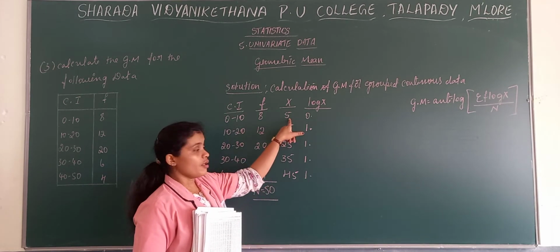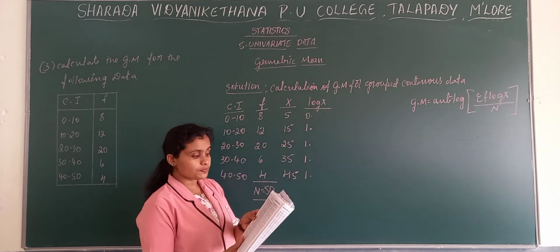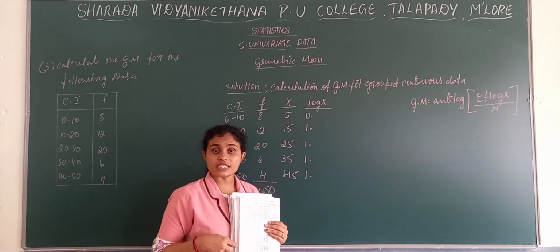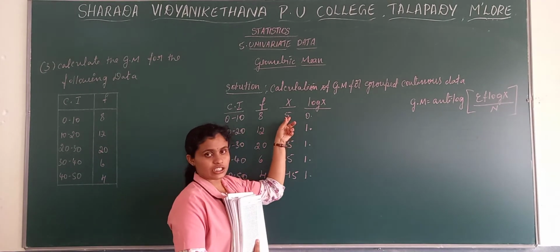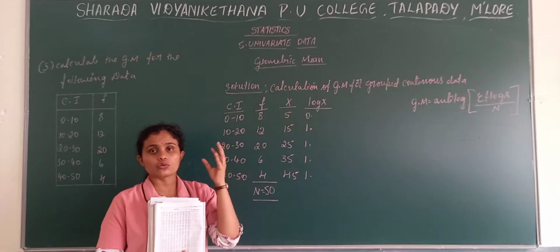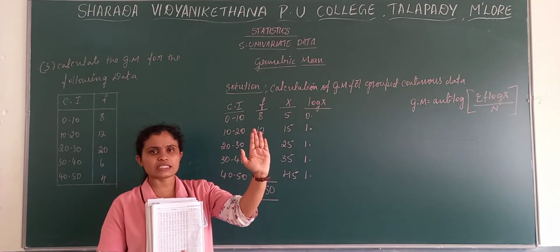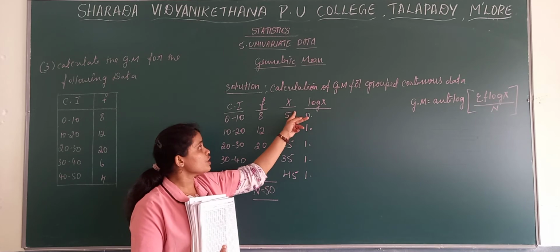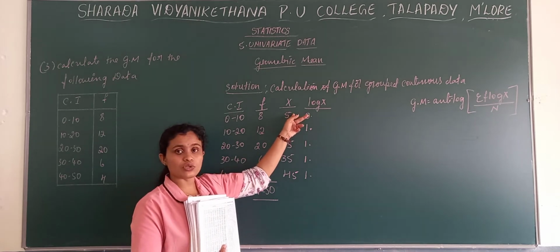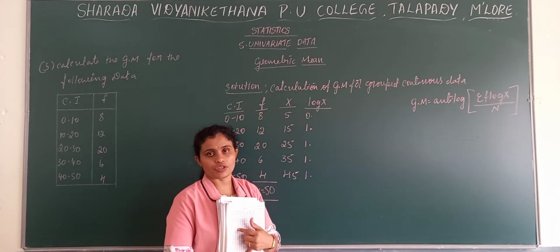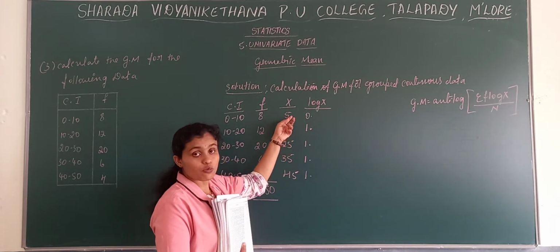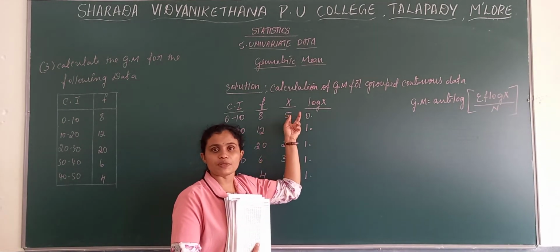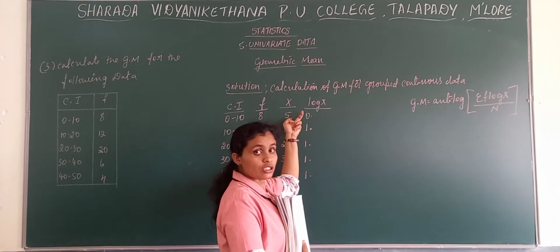Now 5, if you check here, we don't have single digit values in the log table. So if you get a single digit, 1 to 9, whatever single digit you get, you need to consider it with a 0 added. 5 means you need to see the table of 50, 4 means 40, 3 means 30, 1 means 10, 2 means 20.